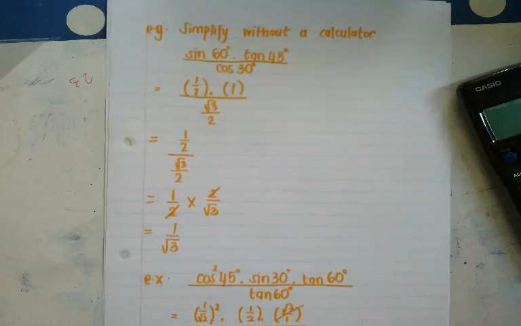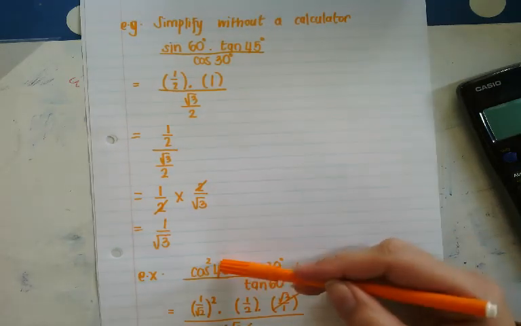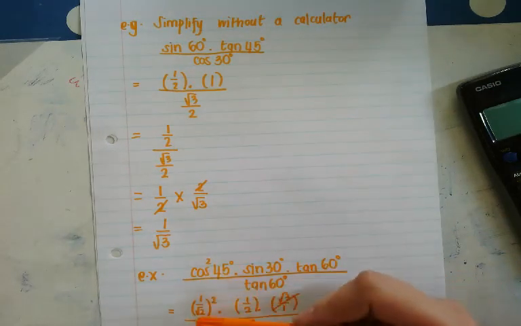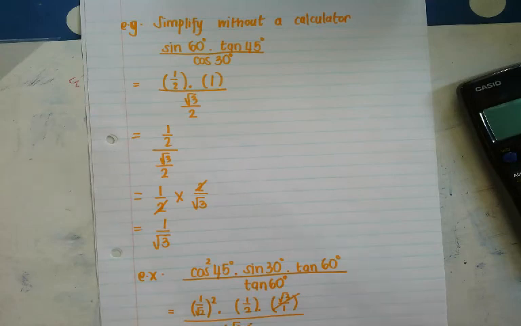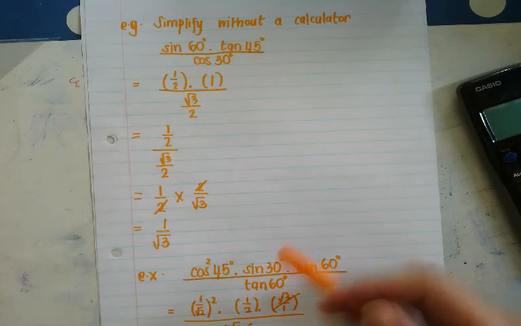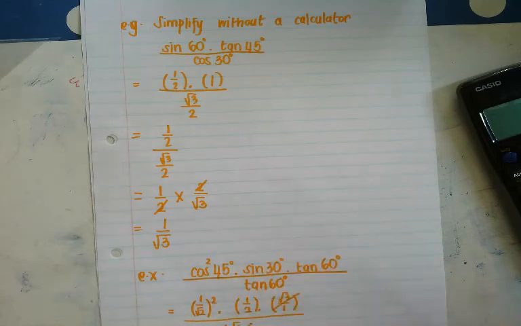Okay, so there it is. Cos 45 is 1 over square root 2. And that is squared, so I left the square there. Sine 30 is a half. Tan 60.